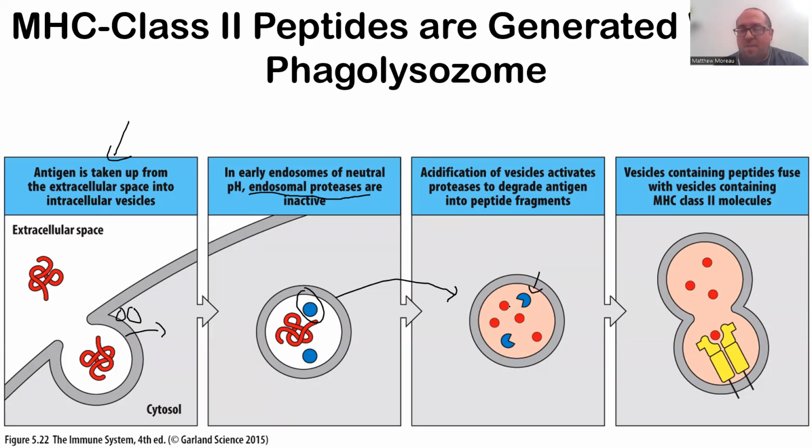So the acidification of the vesicle allows for these proteases to then cleave up nascent peptides or even fully formed proteins into nascent peptides, and then nascent peptides into epitopes. And then the epitopes are simply loaded on to MHC class 2, which binds to the vesicle via a vesicle-vesicle fusion.